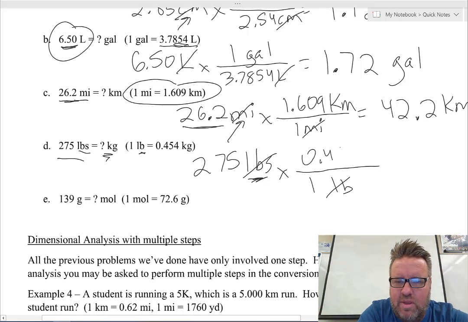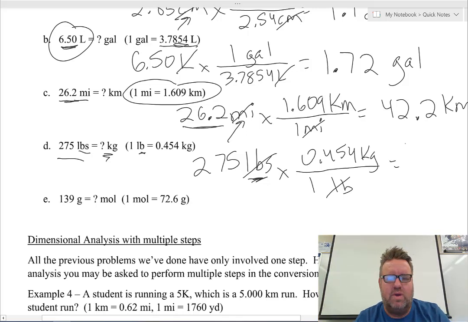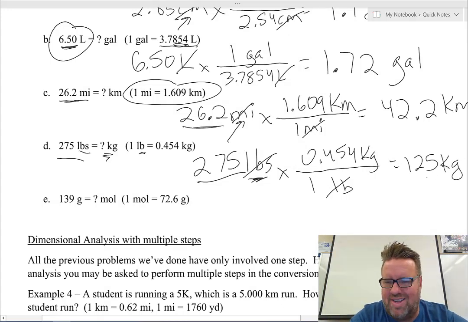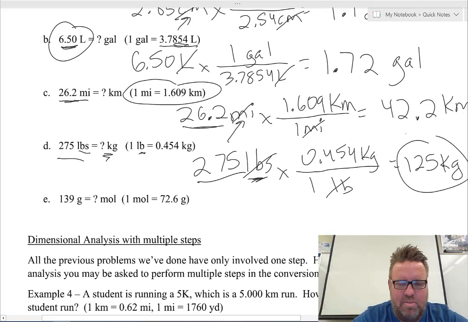You're going to be okay. And then we put the kilograms on the top. 275 times 0.454. 275 does have 3 significant figures, so I'm going to round that to 125 kilograms. If you want to make yourself feel skinnier, just change your weight to kilograms, and it'll go down. So that makes me feel a little bit better.